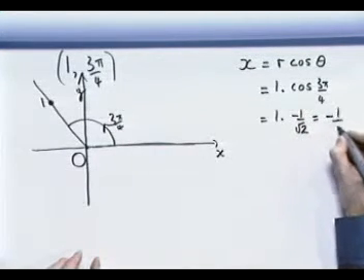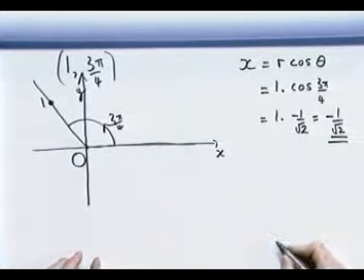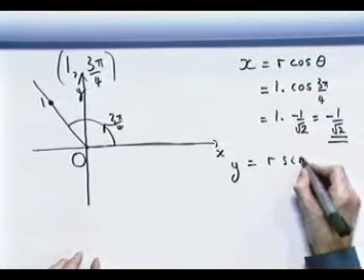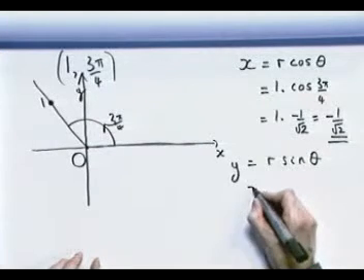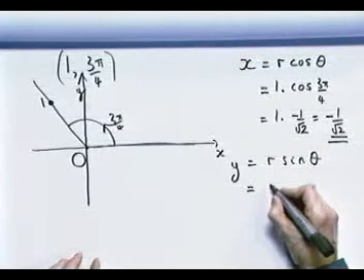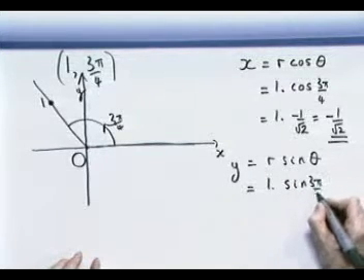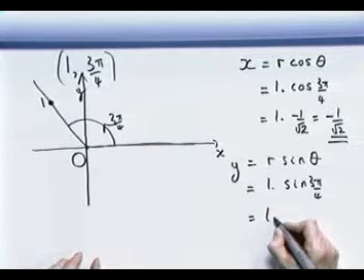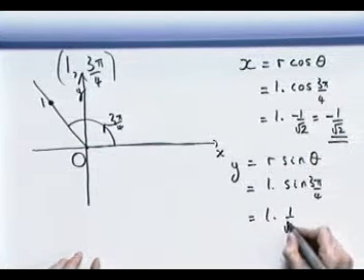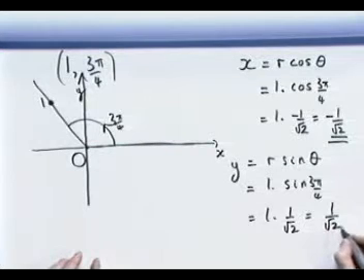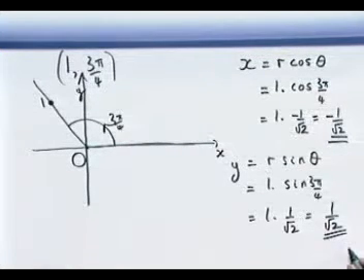So that's minus 1 over root 2. y is r sine theta, and so this is 1 times the sine of 3/4 of pi, and the sine of 3/4 of pi is just 1 over root 2. And so we have 1 over root 2 for our y coordinate.